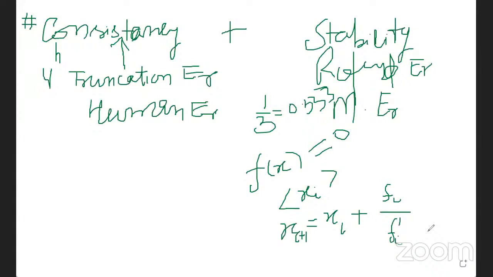Am I right? By this formula we generate a sequence, and this sequence converges to the exact root x_i, which is the exact root of this nonlinear equation f(x) equal to 0.